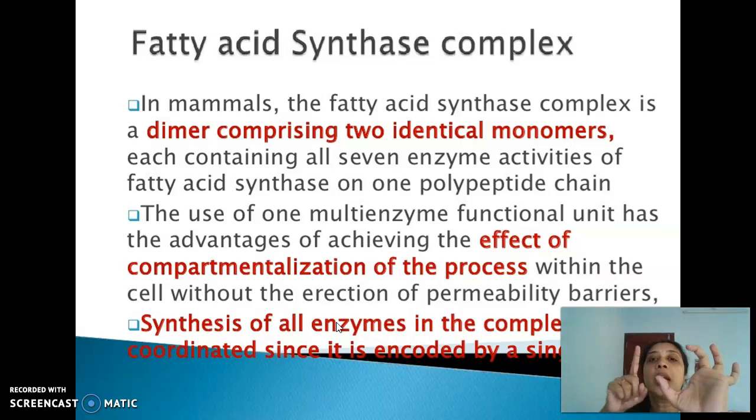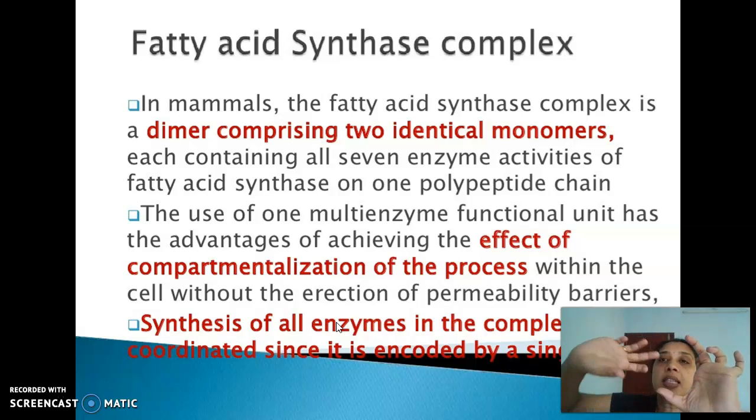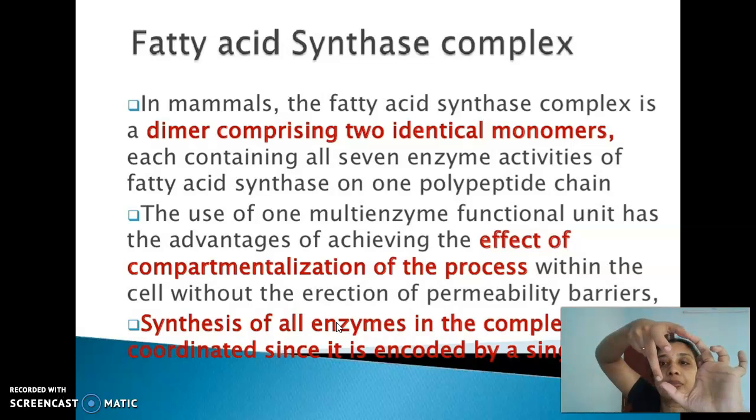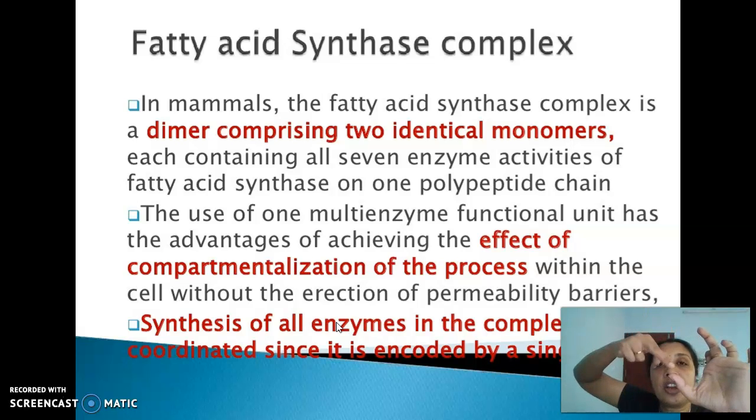Suppose this is E1 to E7, an elliptical model of fatty acid synthesis. So if this is one set of E1 to E7, the other set will be facing in an inverted manner. Suppose if it is the head of monomer 1, the head of monomer 1 will be in contact with the tail of the second monomer.